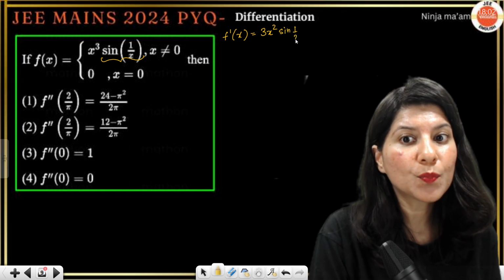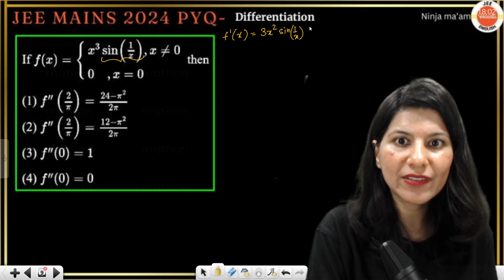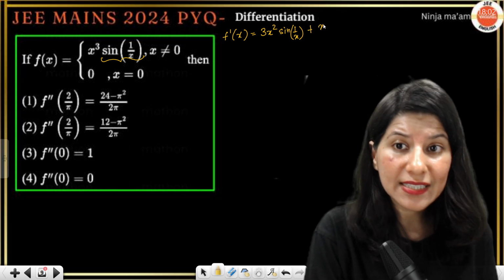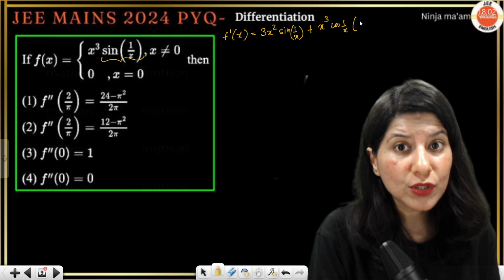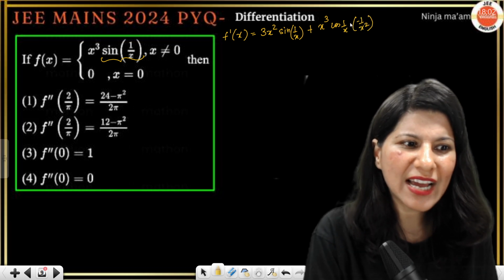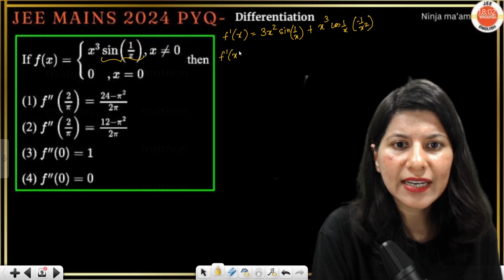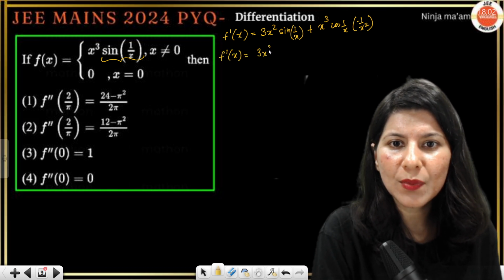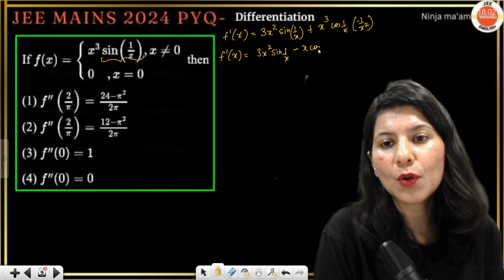So basically, product rule I'm applying, wherein sine 1 by x is kept constant, x cube derivative is 3x square, plus. This time x cube is constant and cos 1 by x is there. Also, derivative of 1 by x is minus 1 by x square. But let us rewrite f dash x properly. So 3x square sine 1 by x minus we are having x cos 1 by x.